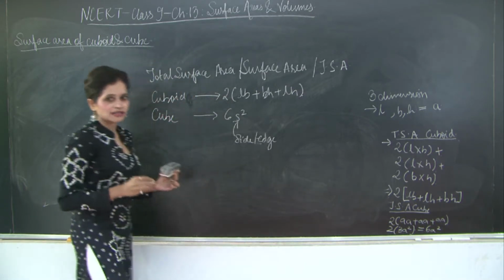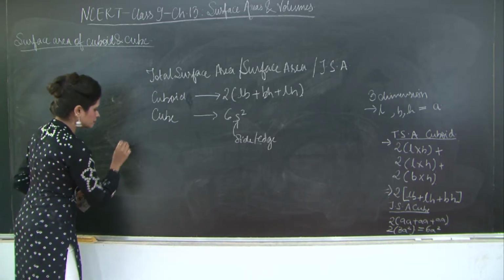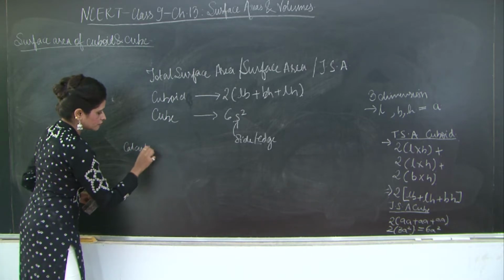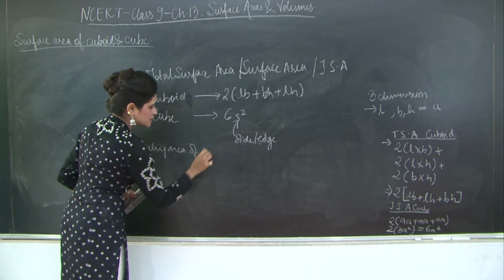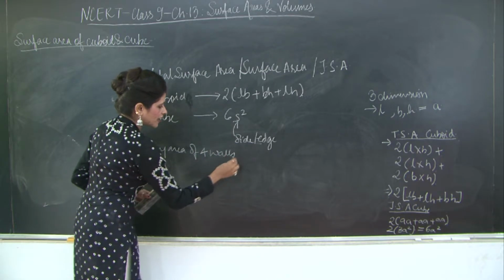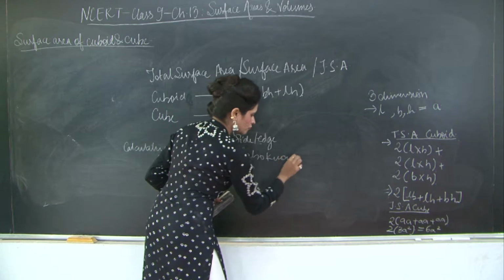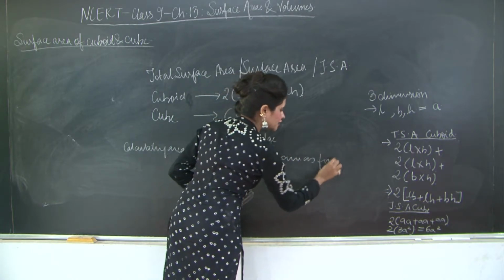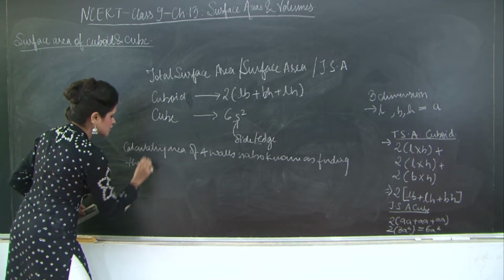Calculating the area of 4 walls is also known as finding the lateral surface area.